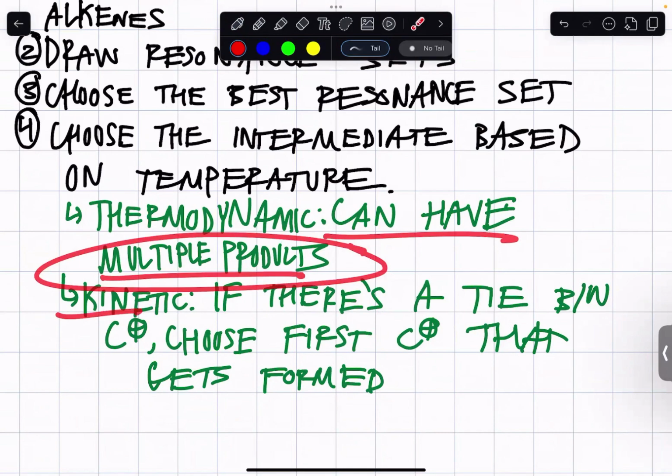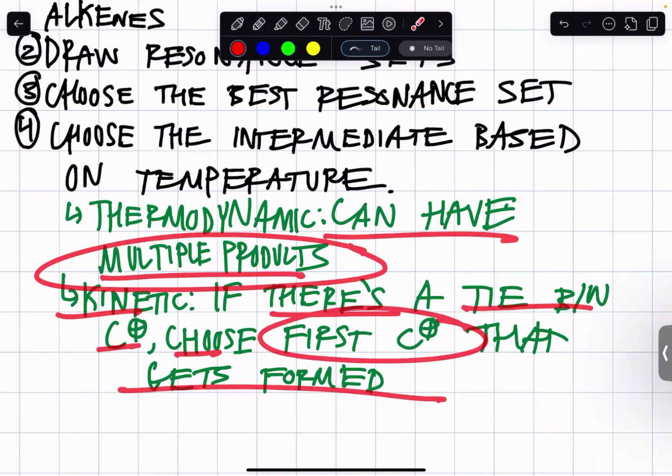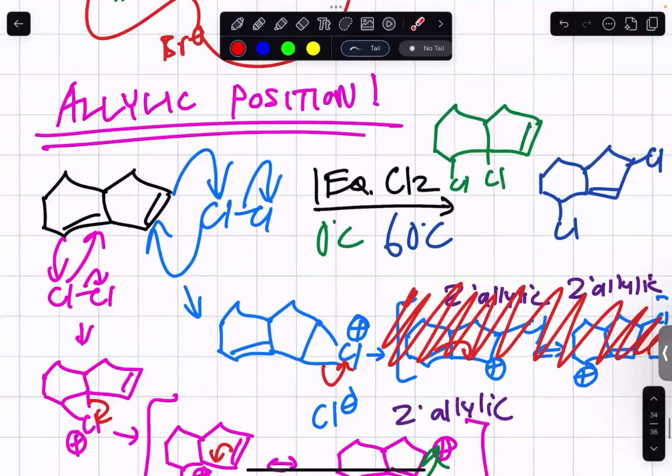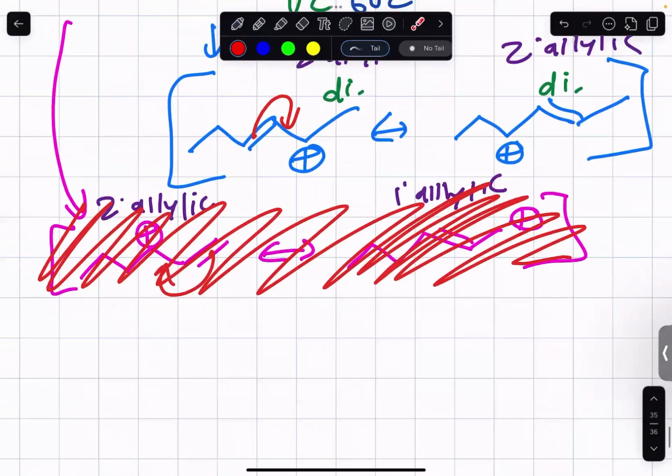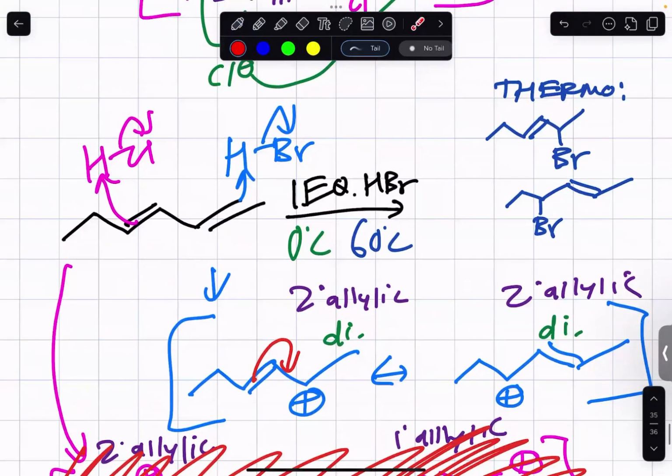But for kinetic, if there's a tie between the carbocations, choose the first carbocation that gets formed to get the major product. So if we go back here, which one would be our kinetic intermediate, A or B? A, right? Because A is the first one that gets formed.